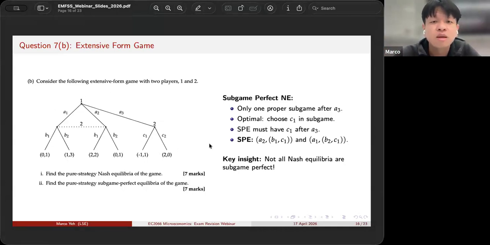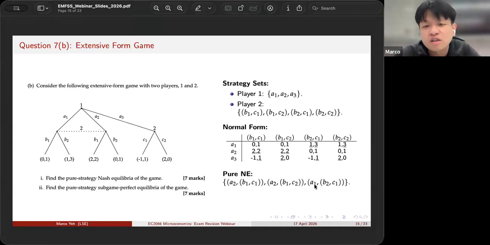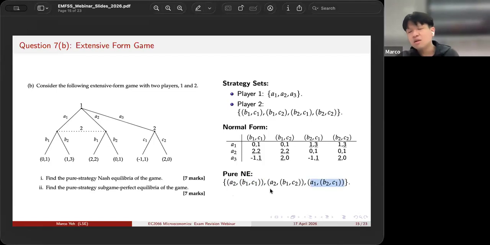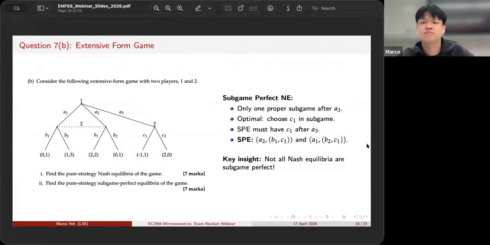Since I have already found the Nash equilibria here, where we have 3, I just need to make sure I have my pure Nash equilibria discussed previously with the strategy chosen as C1. So I can only have these two to be subgame perfect Nash equilibria. Okay.